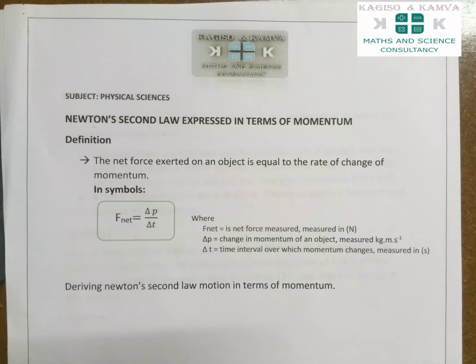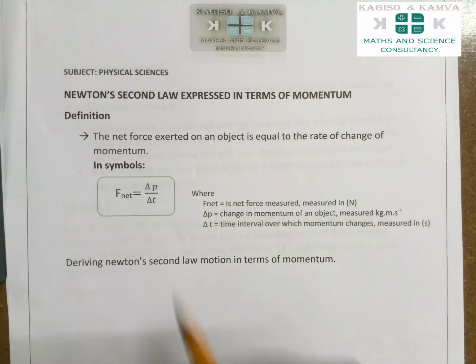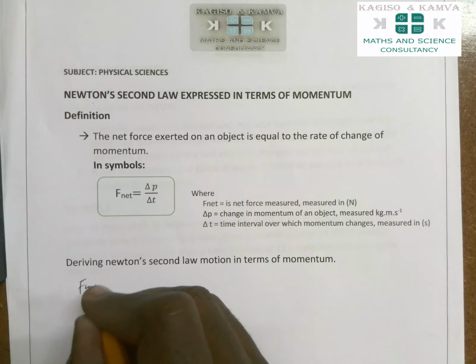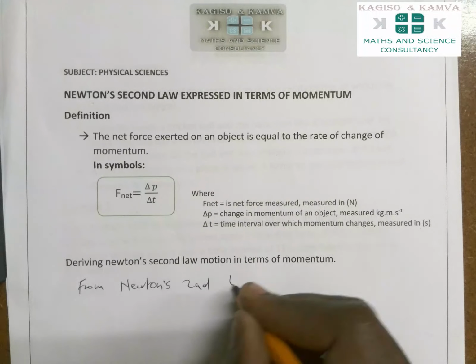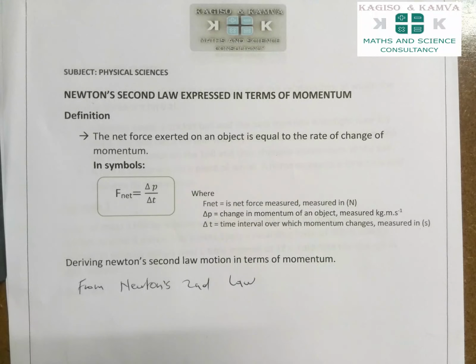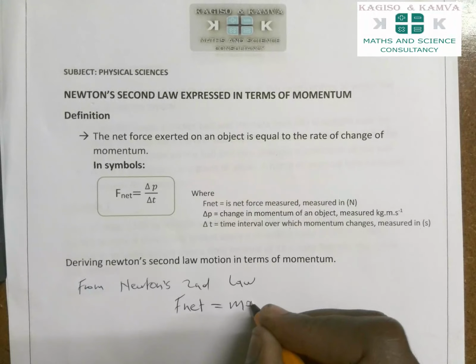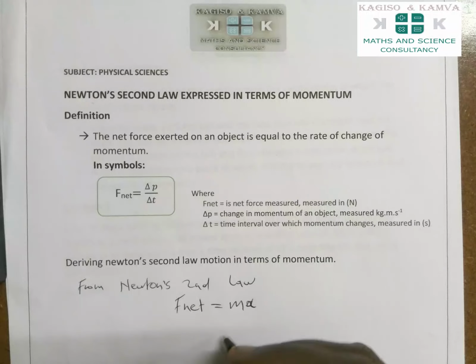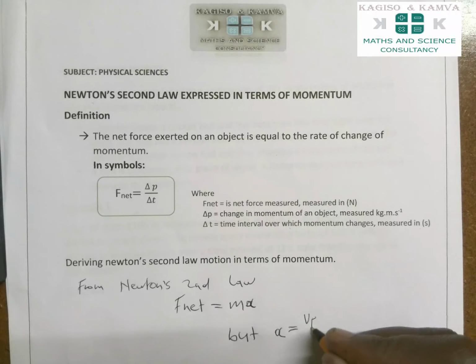Now let us see how this formula came about. From Newton's second law, we have F net is equal to ma, but we know that a is equal to the change in velocity over change in time.